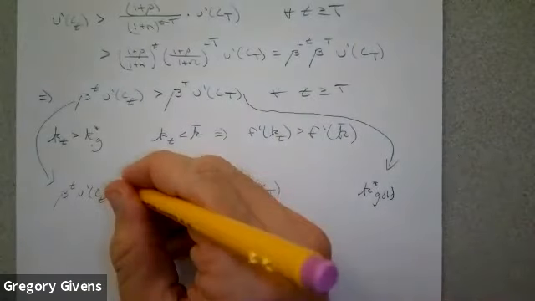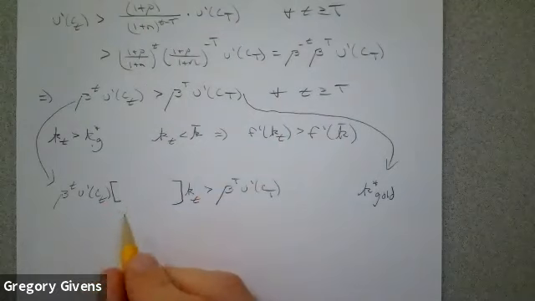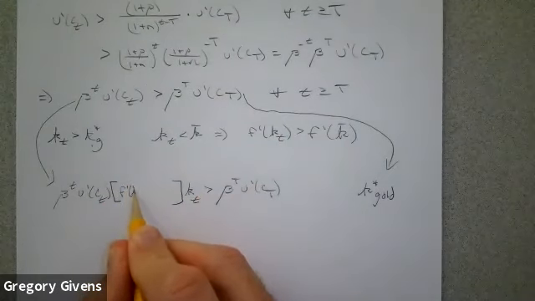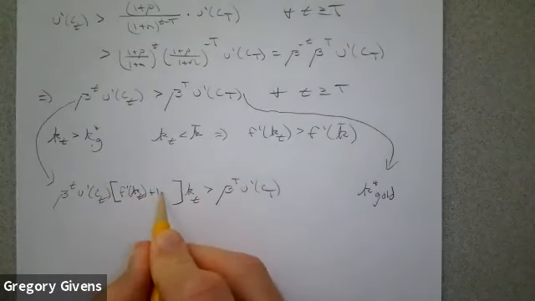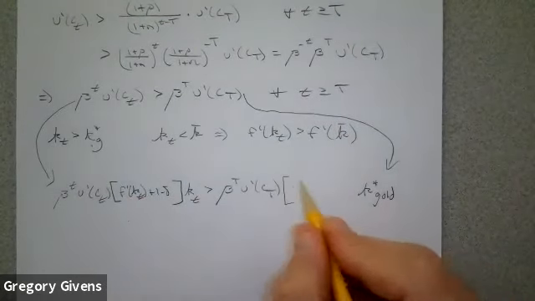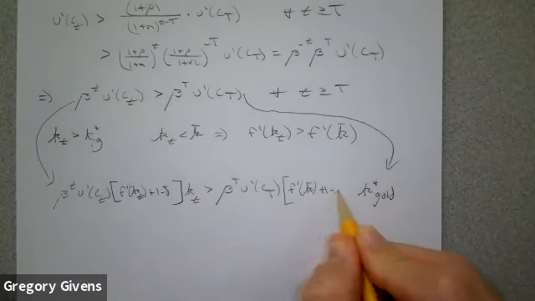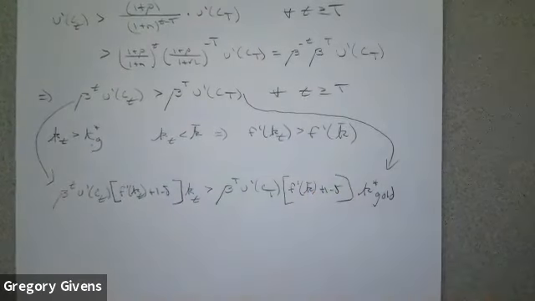Let me also multiply the left-hand side by F prime of k_t plus 1 minus delta, and the right-hand side by F prime of k bar plus 1 minus delta. Now, why do I know that that will hold?